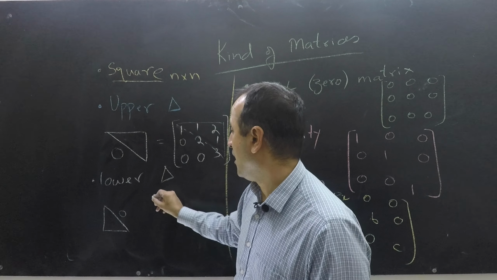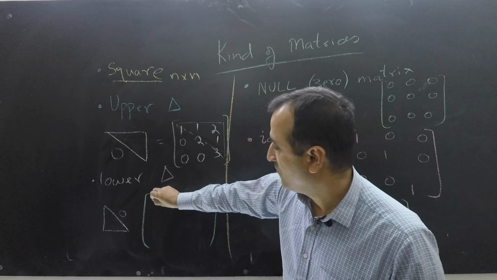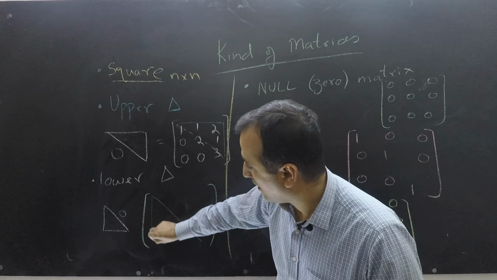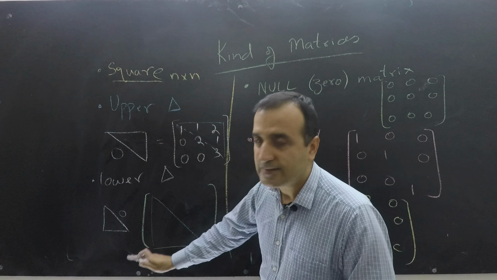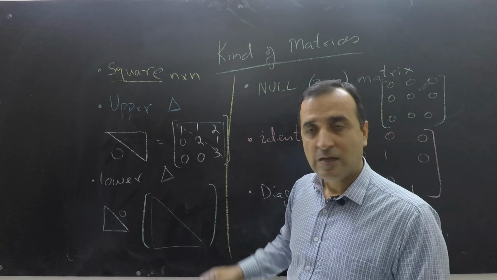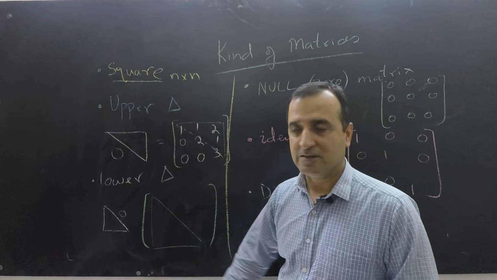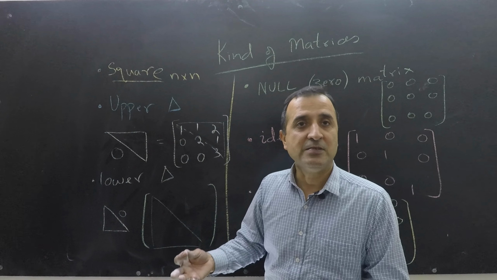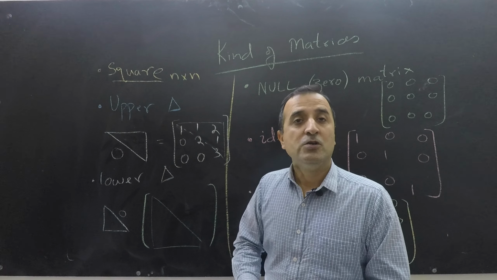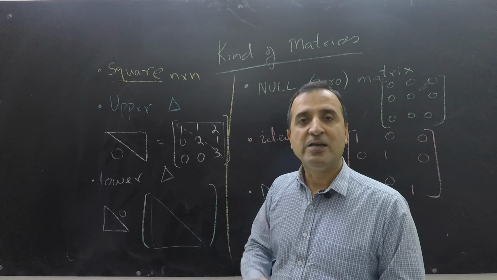So now we have to draw a lower triangle matrix. In the lower triangle matrix we have once again a diagonal, and now everything below the diagonal can be non-zero, but everything above the diagonal is 0. So this is the lower triangle matrix. Let's say in the diagonal, once again I'm writing an example of a 3 by 3 matrix, and I encourage you to write an example of a 4 by 4 matrix, or 5 by 5 matrix by yourself.